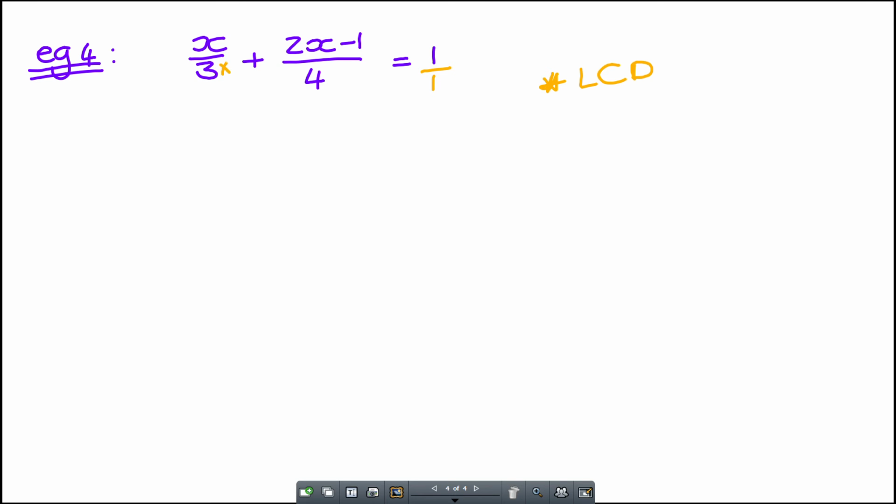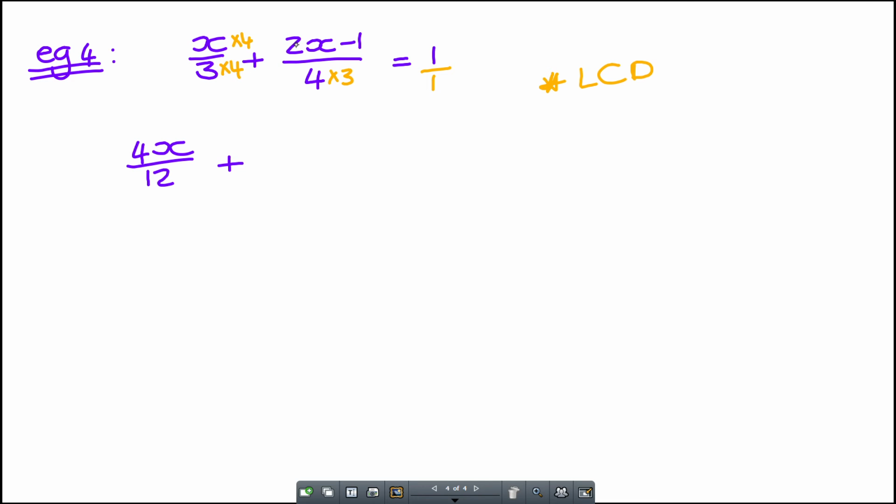Okay, now how would I make this one 12? I'm going to say times 4. And if I do it at the bottom, I also have to do it at the top. So that means that I would have 4x over 12 and then plus. Okay. Now the next step. How would I make it 12 at the bottom? Times 3. And if I do that at the bottom, I also have to multiply with 3 at the top.